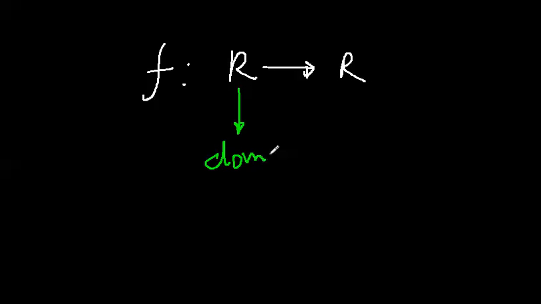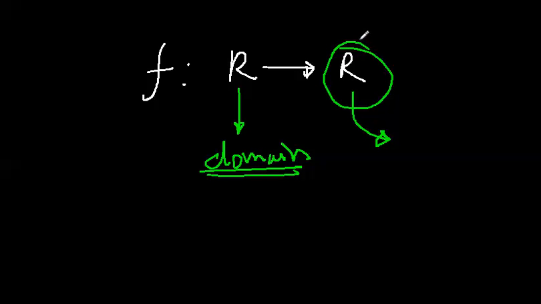When you usually see a function, they always denote it like this: f is denoted as R to R. What does this notation mean? This R means this is your domain. You can pick any value from this R as input, and the output will definitely be from this set, but not all the values.